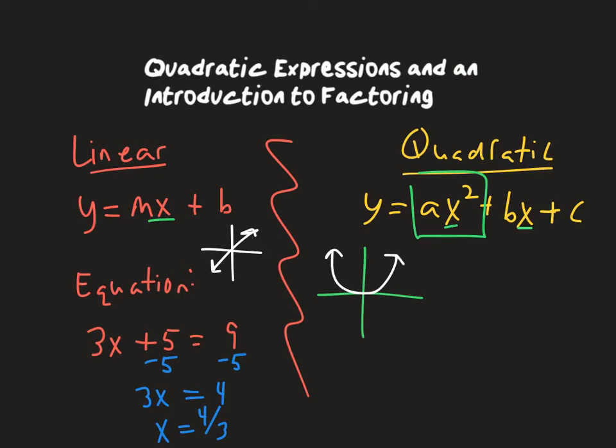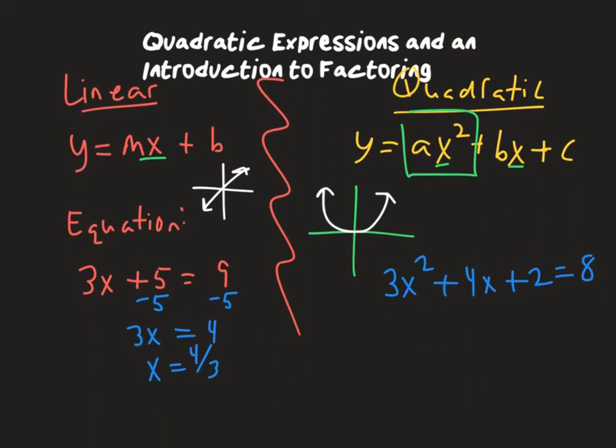When you go to solve something like, let me just make one up, 3x squared plus 4x plus 2 equals 8, issues start to arise. You might be thinking, can't I just get x by itself? Well, maybe we could subtract 2 and get 3x squared plus 4x equals 6.